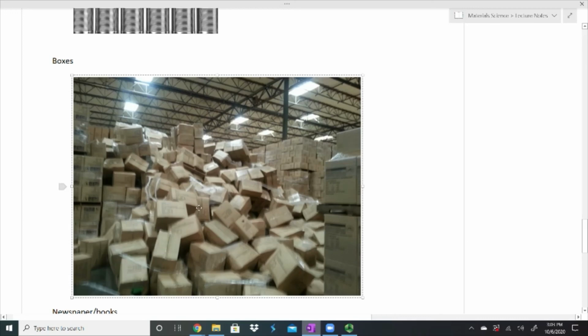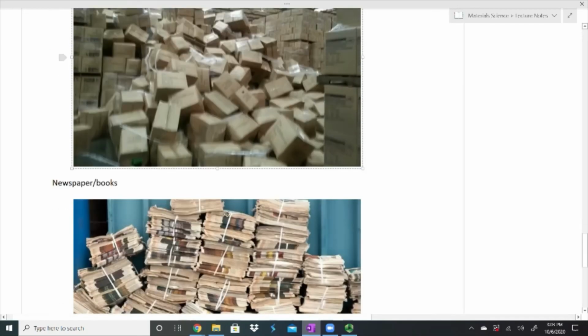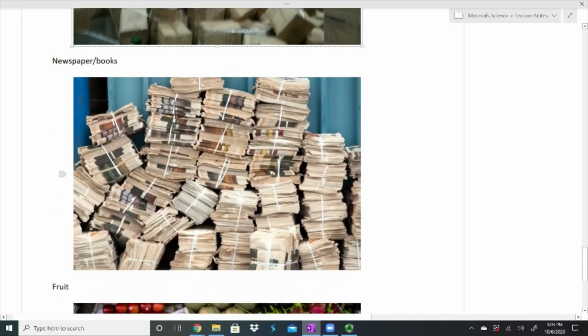And so this could be thought of kind of as looking like a polycrystal. Inside of each one of these boxes there is order and there's organization, but there is no long-range order throughout the entire pile here. Some of them are twisted one way, turned the other, upside down, rolled around a little bit in each direction.